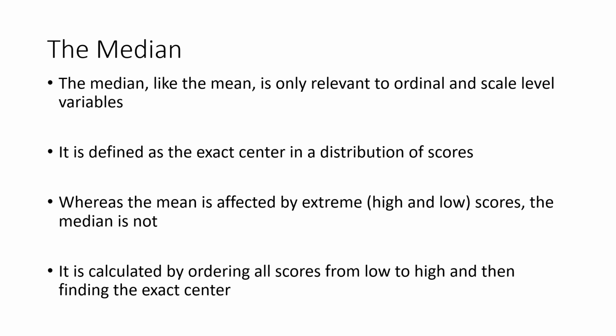But in other cases, it might be two numbers. In other words, there is no exact center. There are just two numbers at the center. And when there are two numbers at the center of a distribution of scores, then to calculate the median, you just calculate the average of those two scores. In other words, you add them together and you divide by 2.